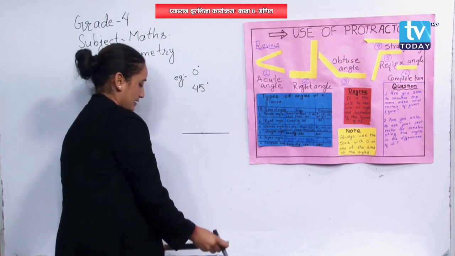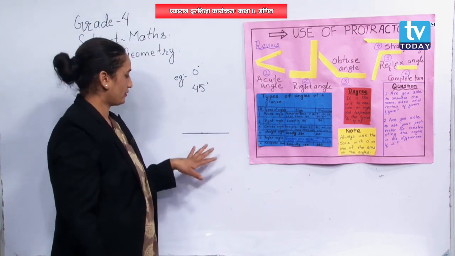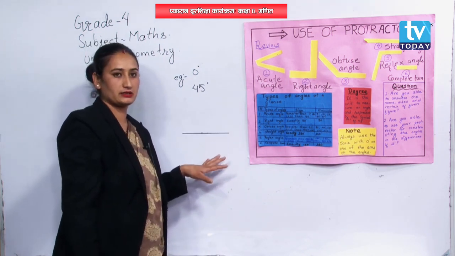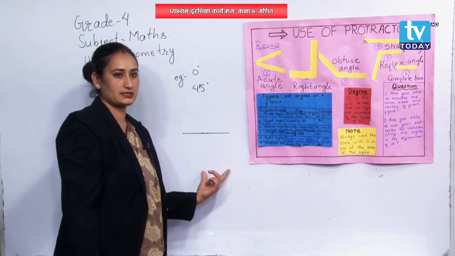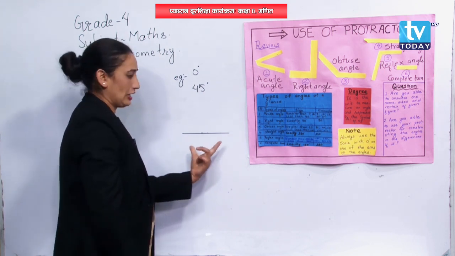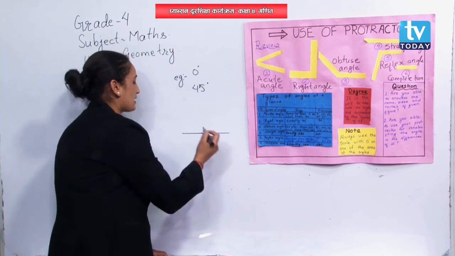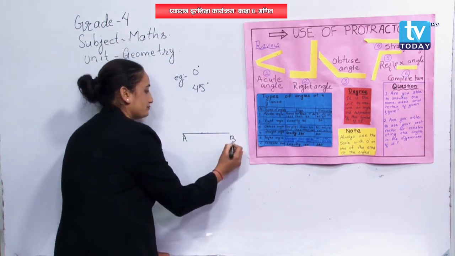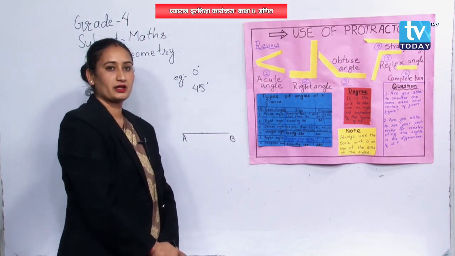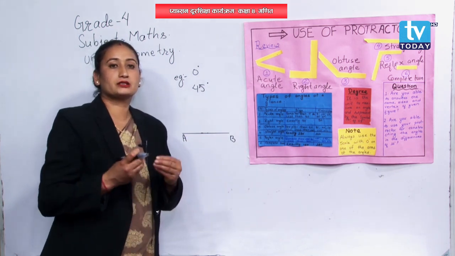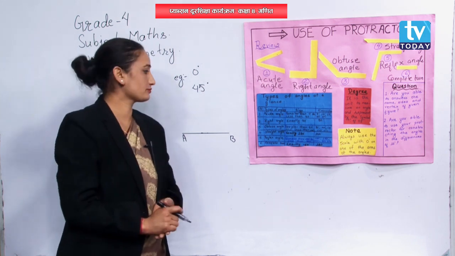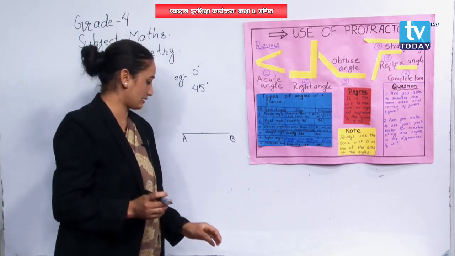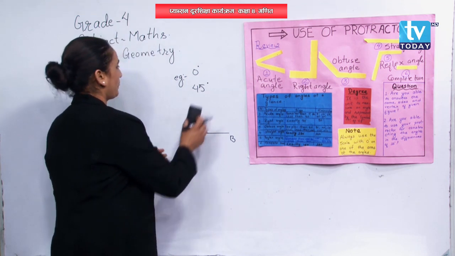Okay, now see here. Have you drawn the straight line or not? Please do it fast. Now please give a name to this line. I am writing A, B. For the inner scale, how to use the inner scale?